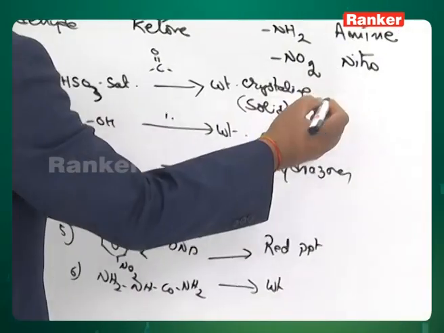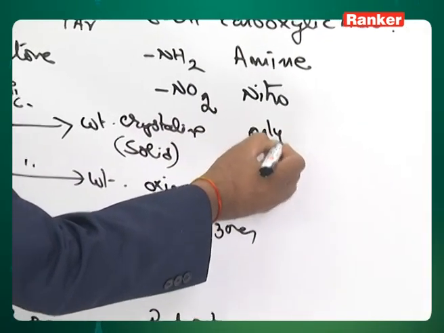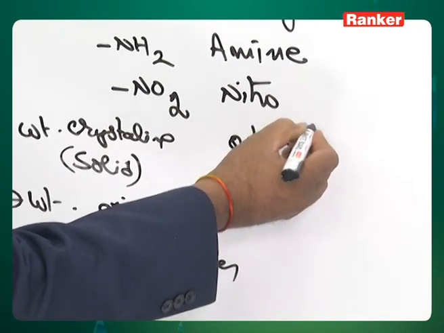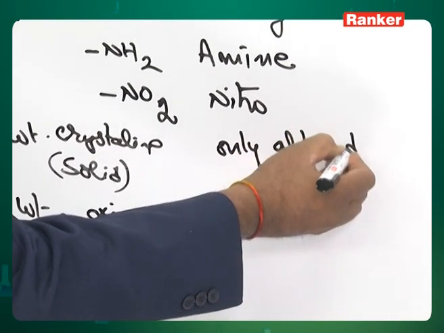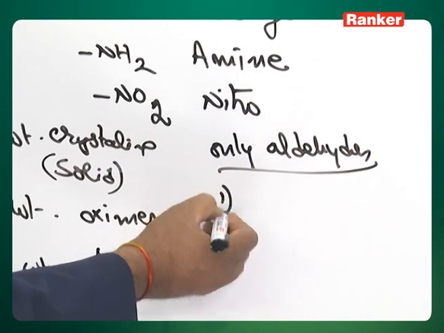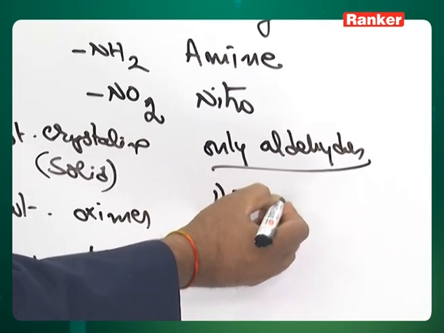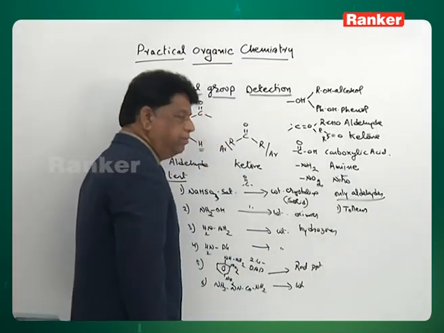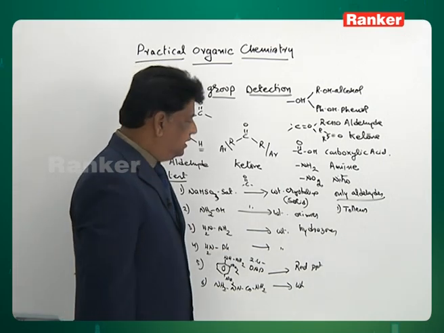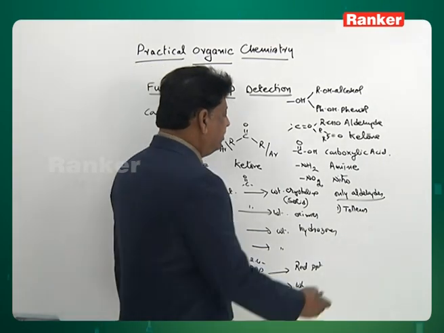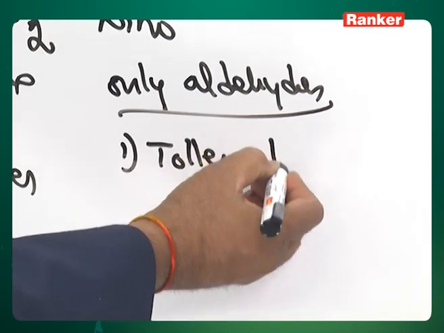Whereas there are some tests given only by aldehydes, not ketones, okay, only aldehydes. One is the Tollens test. Tollens test means ammoniacal silver nitrate will give silver mirror formation.